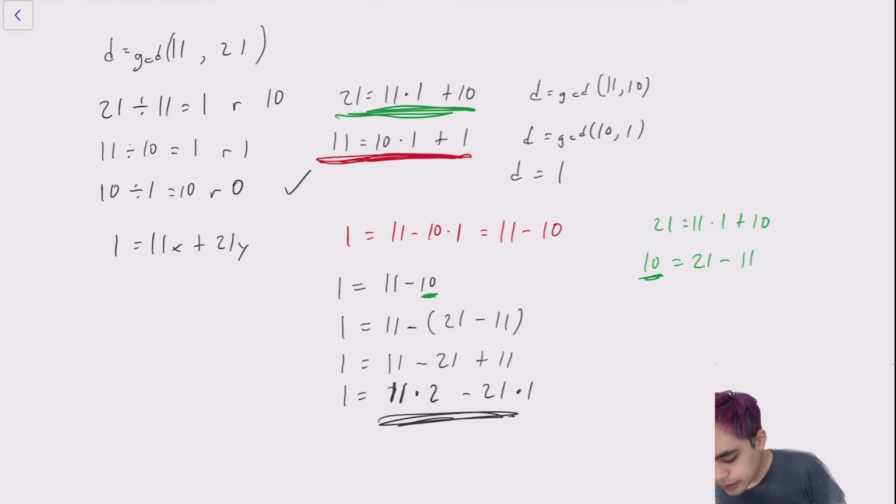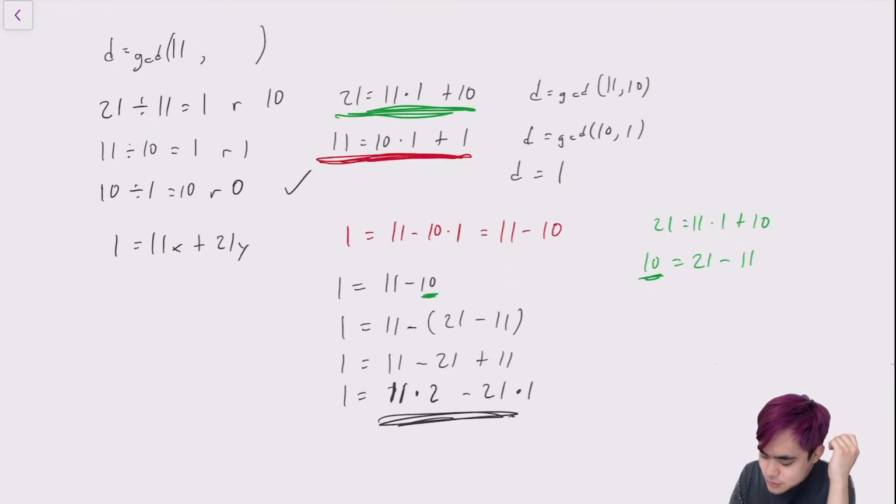Okay, so let's do this as, let's say we originally had 43.